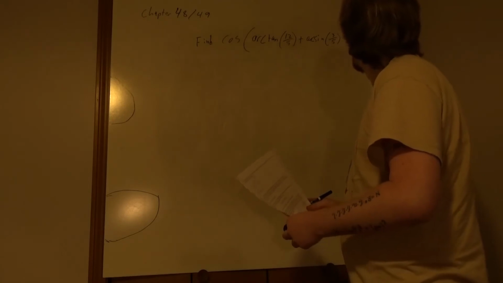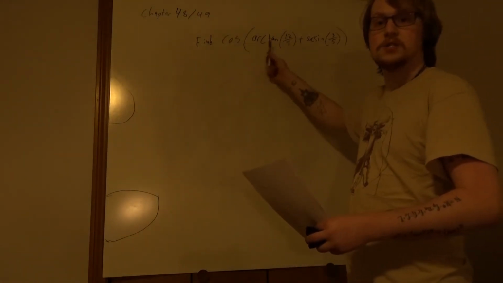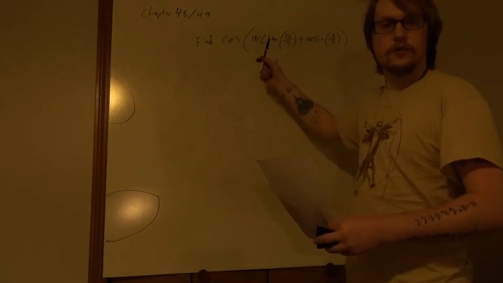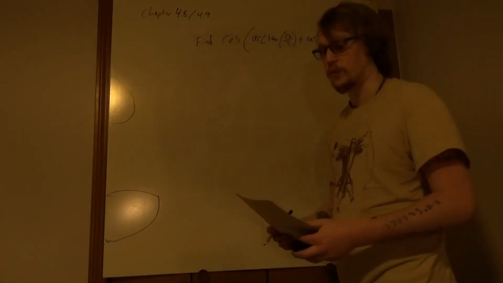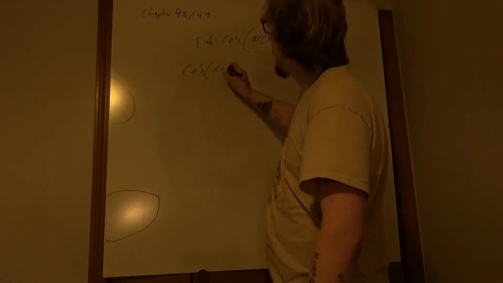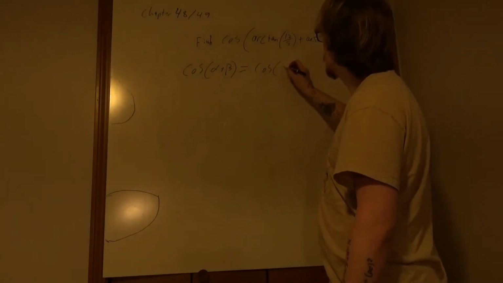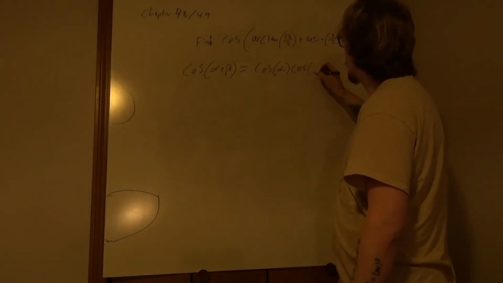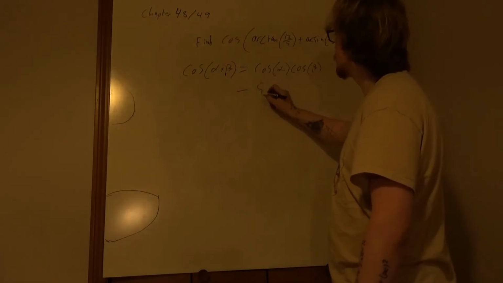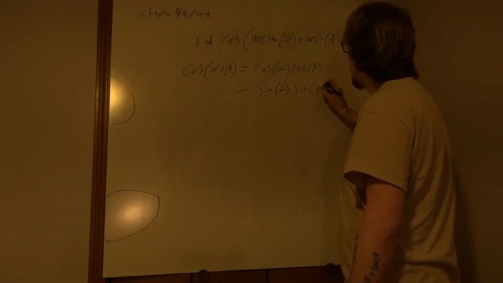So the first thing we can say is this is a cosine, and it's a sum of two things inside of cosine, so we're going to use the angle sum formula for cosine. If we don't remember what that is, that's cosine of alpha plus beta is equal to cos alpha times cos beta minus sine alpha times sine beta.